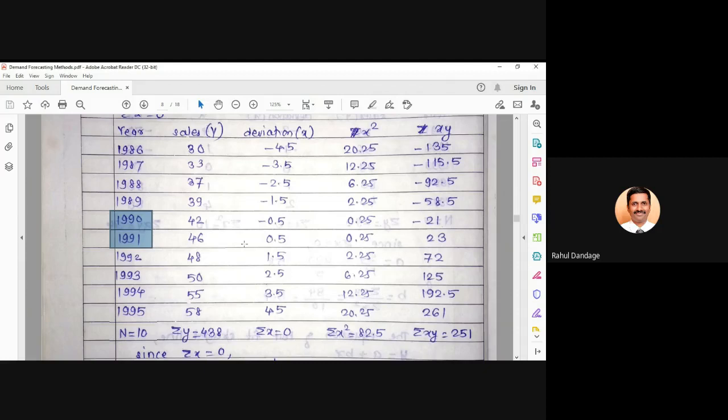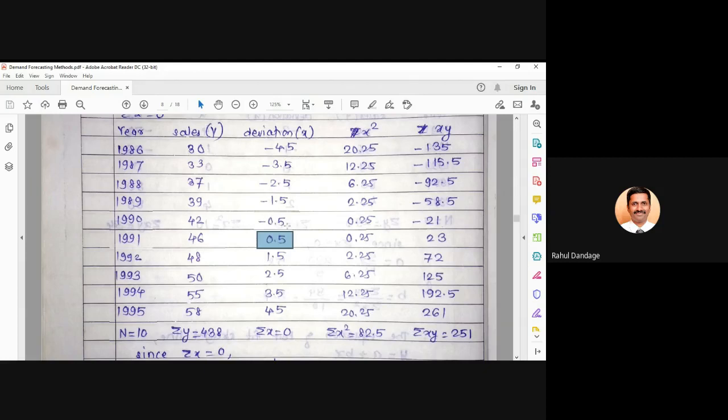So this is the value. Similarly, if we want to calculate for 1991, then 1991 minus 1990.5 will be 0.5. So these 2 years, 1990 and 1991, are 0.5 on either side. One will become negative, one will become positive. And if this is minus 0.5, other values will be simply with an additional 1.